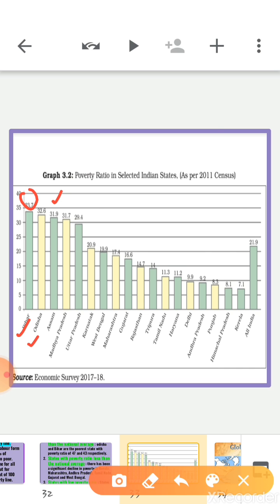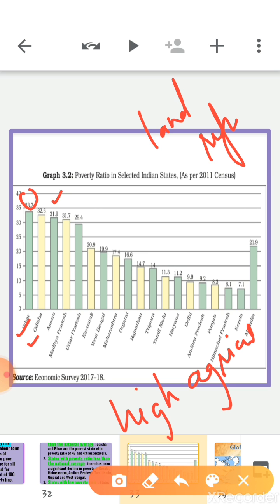States like Punjab and Haryana have traditionally succeeded in reducing poverty with the help of high agricultural growth rates. Kerala has focused more on human resource development.